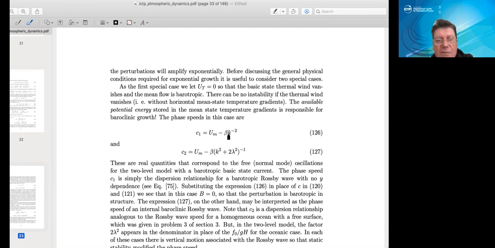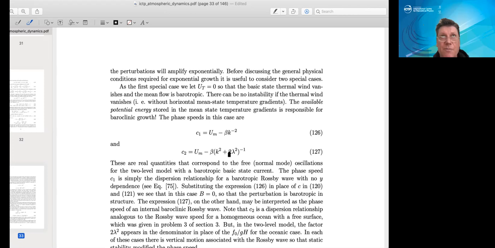So it's not anymore just beta divided by k square, but it's beta divided by k square plus something that is proportional to the stability of our atmosphere. This additional term comes into play because our waves have the possibility to include vertical motion.